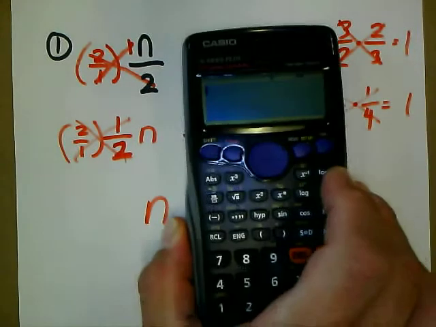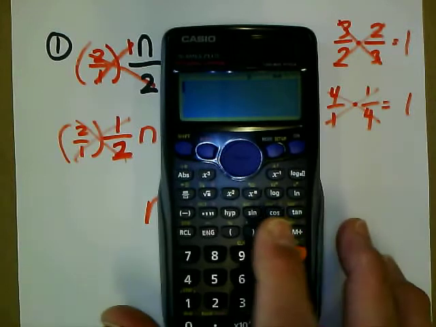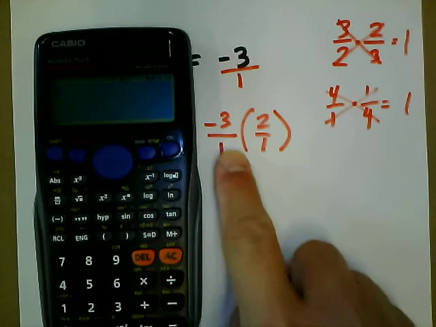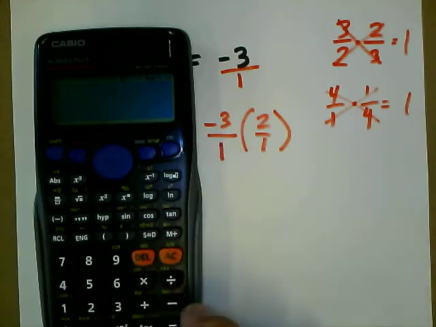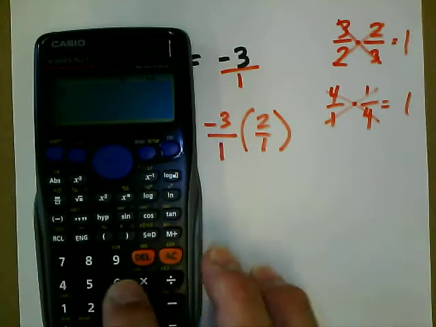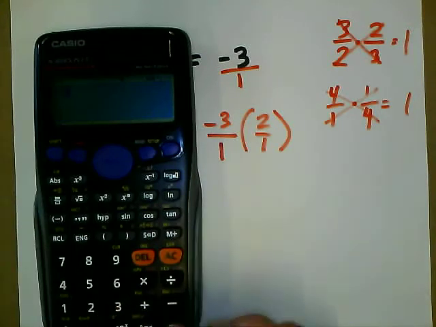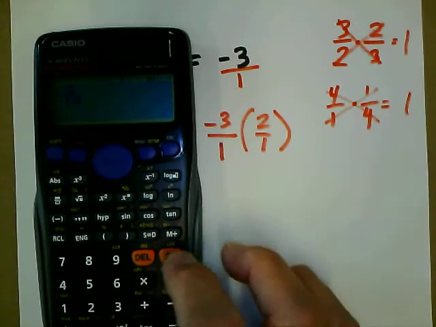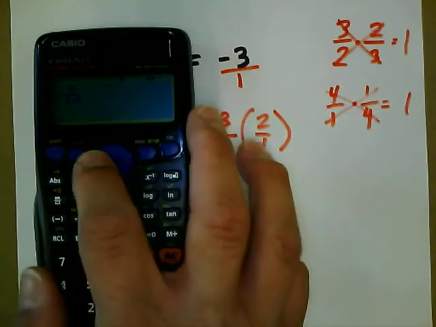Two ways of thinking on this. If you have a nice calculator and you can do fractions, you would simply hit the negative, which is right there, then 3, then that fraction button, and 1, and then I would say times. Oops, we have to move it.